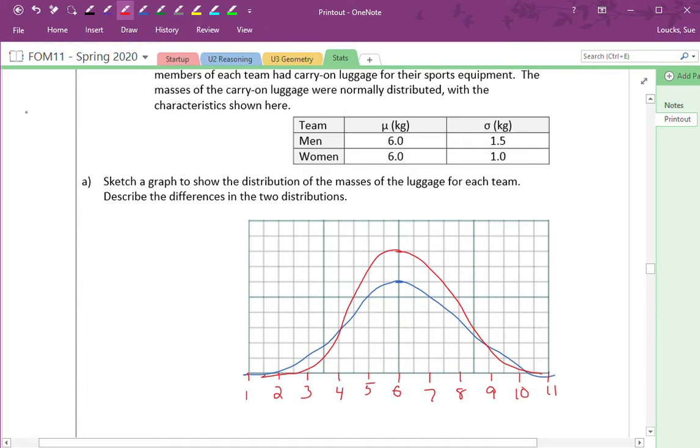What we have, if we're going to describe the differences in the two situations: the women's curve is higher and narrower. The men's curve is lower and wider.